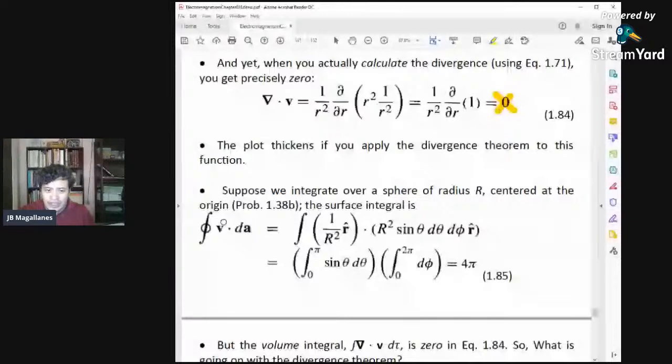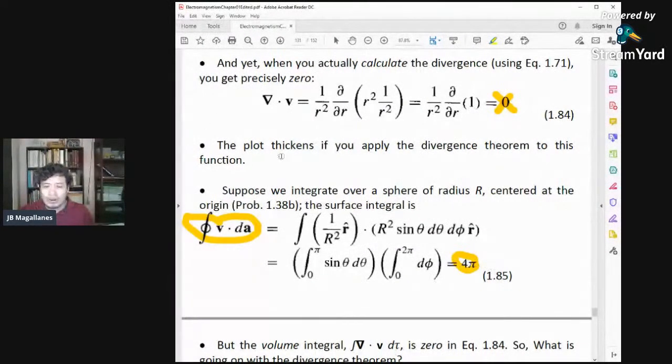And in this case, we did this according to Gauss's law. The integral of the divergence of v is just equal to the integral of v with respect to an area, over a closed surface, I mean. And we found that this is equal to 4 pi.